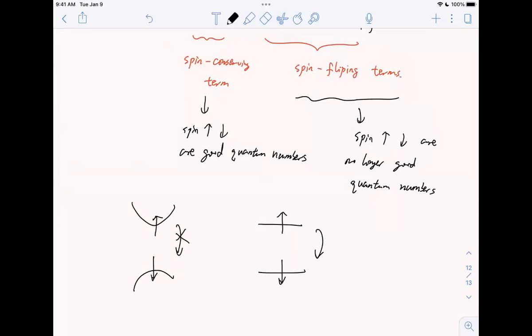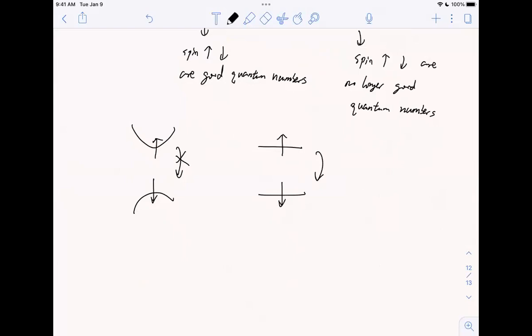I don't quite know. You need some new thing to couple the spin and couple these two states. For example, one example is the hyperfine structure in hydrogen atom.